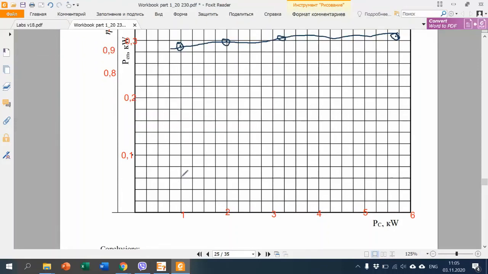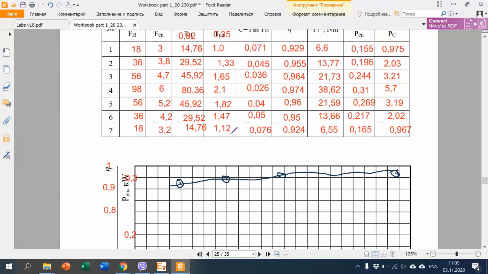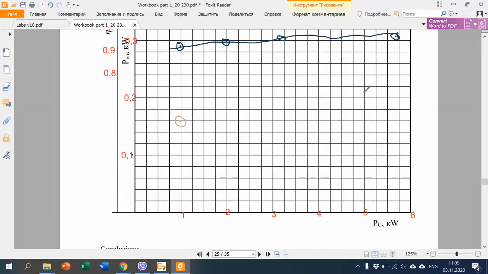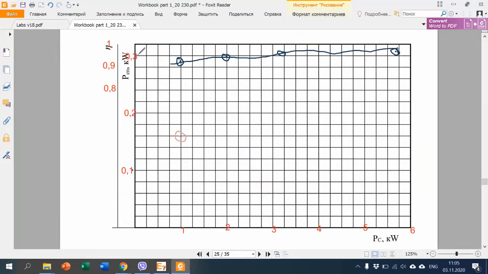So 1, 0, 0.16, 2, 4, 6. First point, 0.31 is the last point. 2, 0.31.